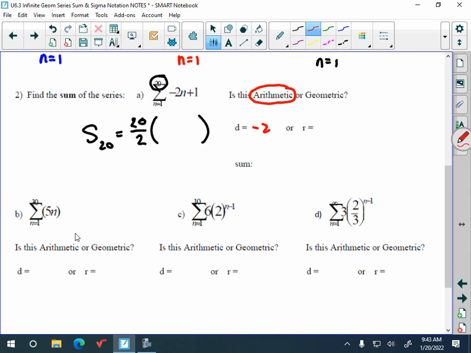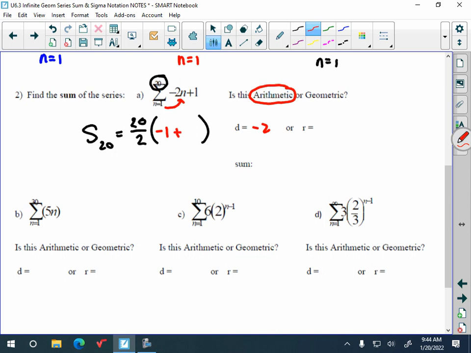Now, to get the A1 term, you're just plugging 1 in for n, which is the bottom number. You plug it in for n into the rule and simplify it. That'll give you your first term. So -2 times 1 plus 1, so it's going to be -1.